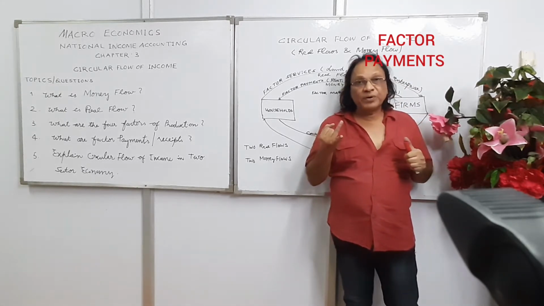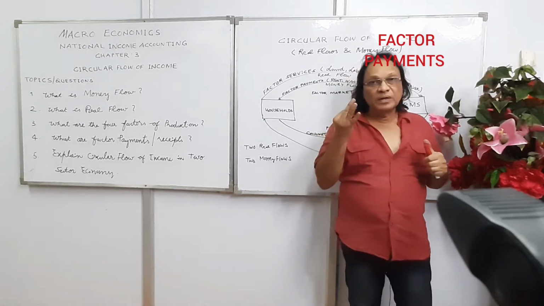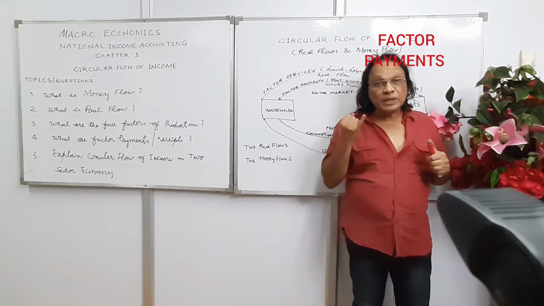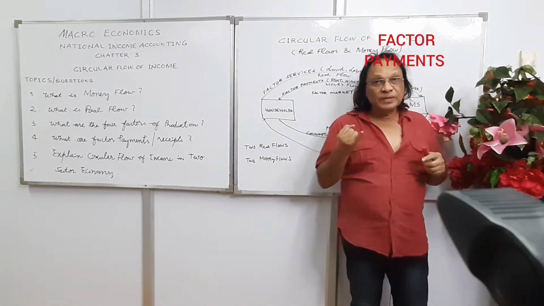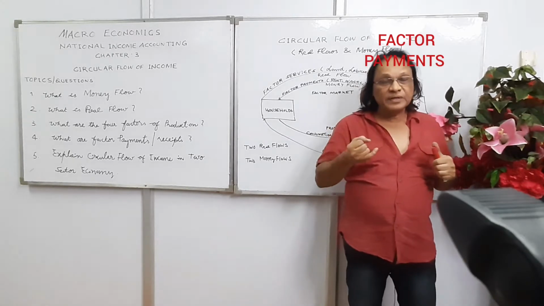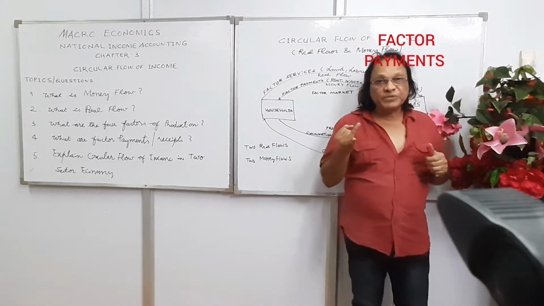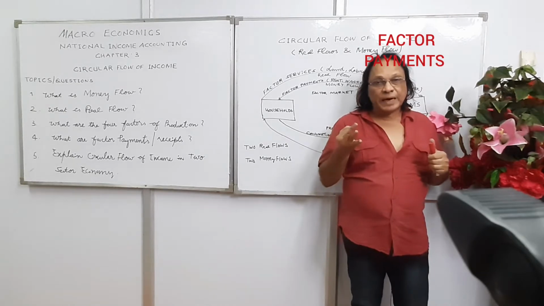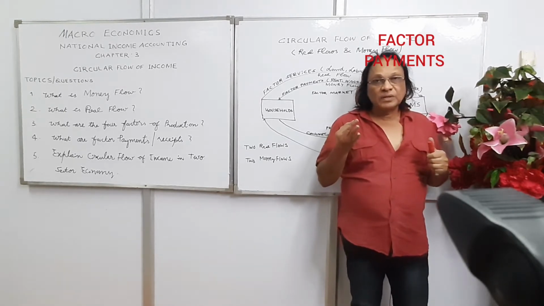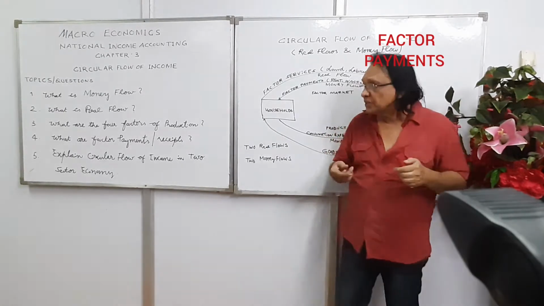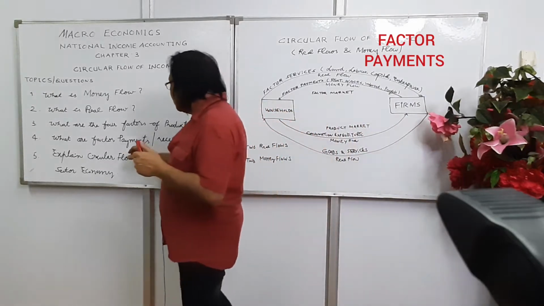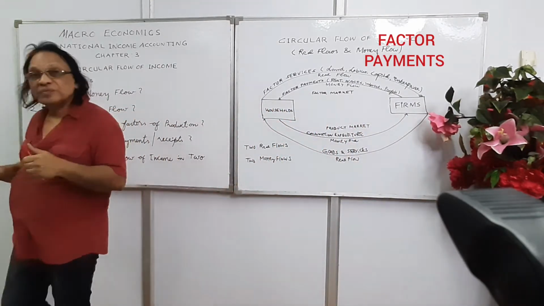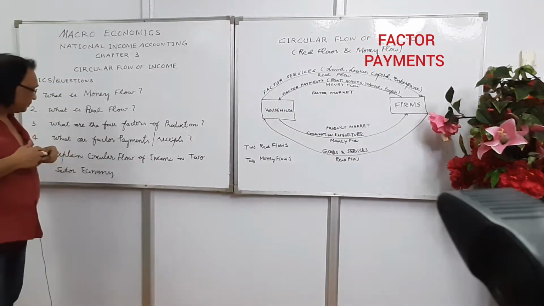Land gets rent, labor gets wages and salaries, capital gets interest, entrepreneur gets profits. This is called factor payments or factor receipts.